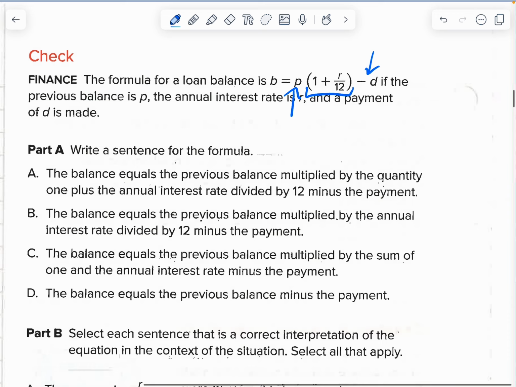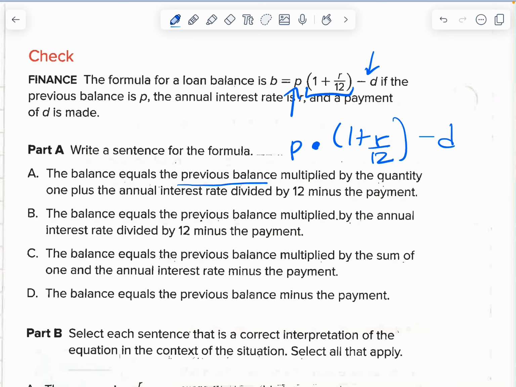Okay, the balance equals. They all have balance equals. The previous balance, that's P, multiplied by the quantity 1 plus the annual interest divided by 12, minus D. Okay.